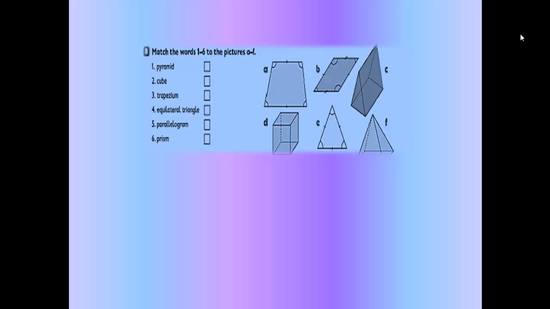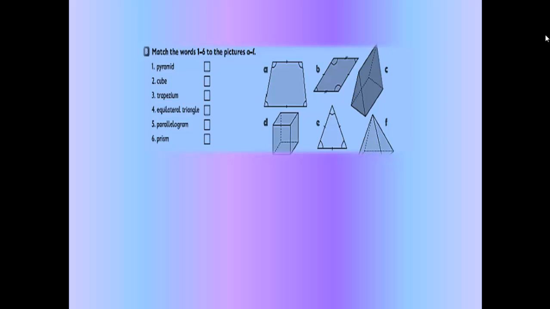Here we want to link between the word and the picture. Number 1, pyramid. As we all know, pyramid is a 3D shape. It has, yes, a base, 3 or 4 sides and 1 point on the top.